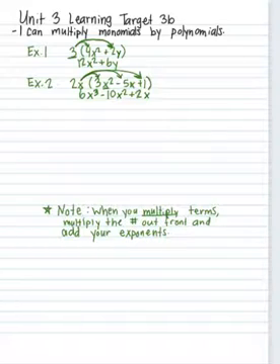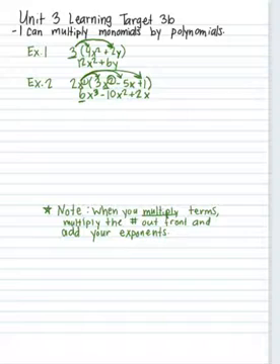Alright, so I'll say that again. When you're multiplying terms, you multiply your whole numbers. So for example, in example 2, we multiplied our 2 and our 3 to get 6. And then you add your exponents. So here, in example 2 again, we had 1 as our exponent with the 2x, and we had 2 with the exponent for x squared. So total, we said x to the third. We added 1 and 2 to give us x to the third.